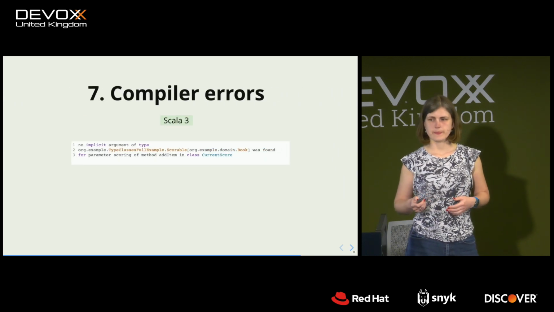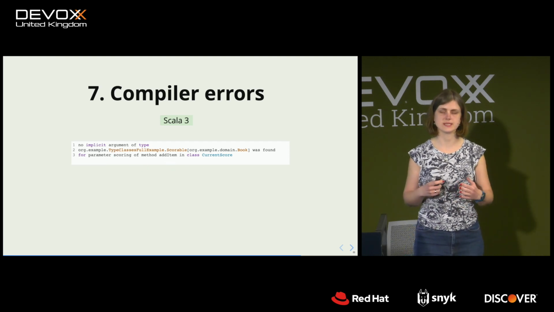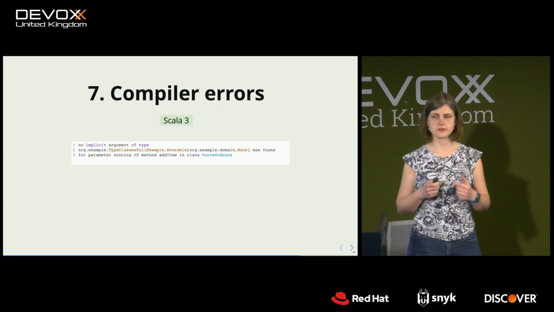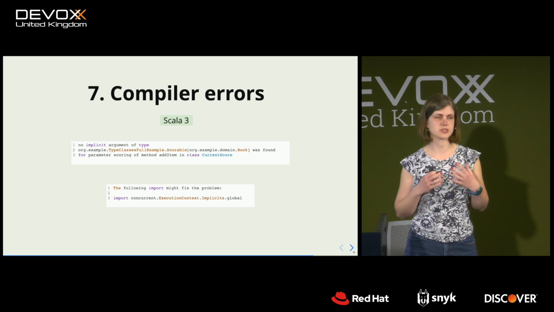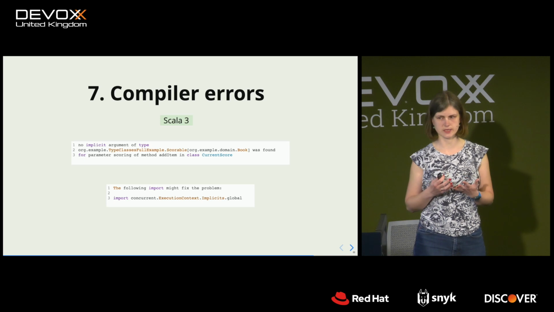And in Scala 3, you have just that added. So here you have no implicit parameter of that type for the scoring parameter of the addIt method of the current score class. So now it's again clearer, it's not dragging you out of your flow. And even the compiler may try to be extra helpful and suggest an import that you might need.